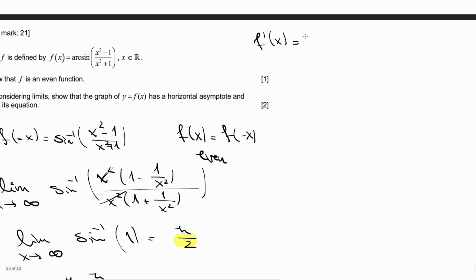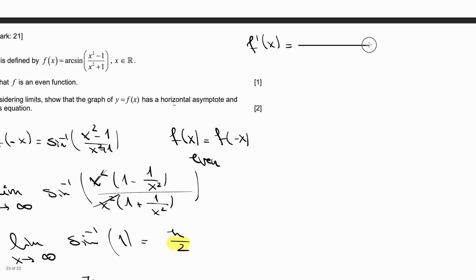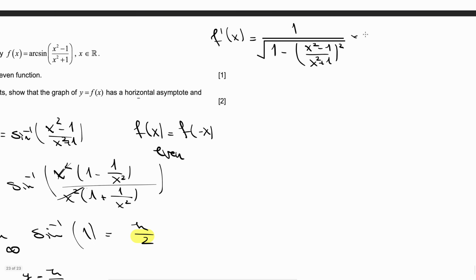So 1 over radical 1 minus x squared minus 1 over x squared plus 1, all of this squared. And of course you have to use the chain rule as well, right? So chain rule, and then you have to use the quotient rule.